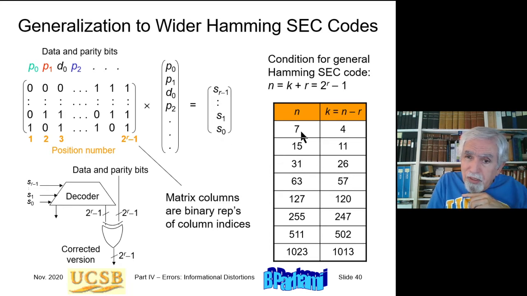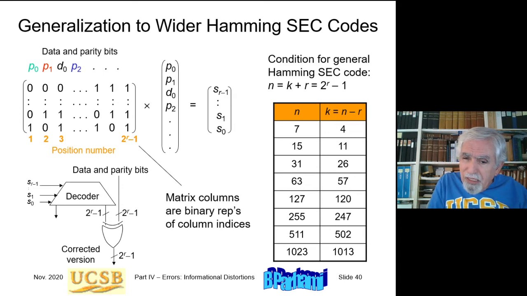Okay, as I mentioned, the redundancy improves as the word gets wider. When you have 4 data bits, you need 3 redundant bits. When you get up here to 502 data bits, you need only 9 redundant bits. And log base 2 of 502 is roughly 9, a little bit less than 9.